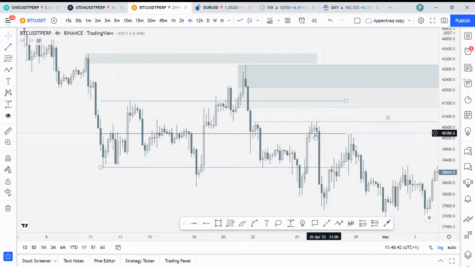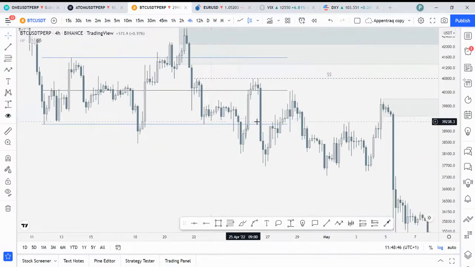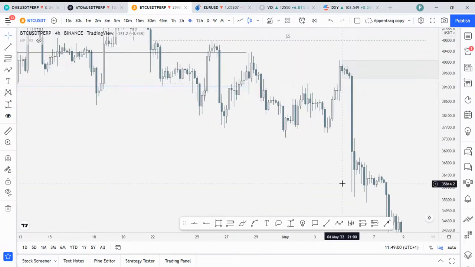Or you wait for when price breaks out of that range completely and then retest the range here as your stop loss, or you just look for the supply zone that forms here and you wait for the retest.